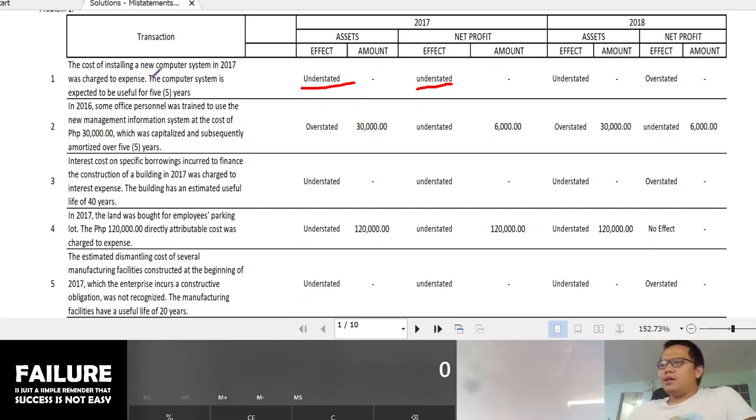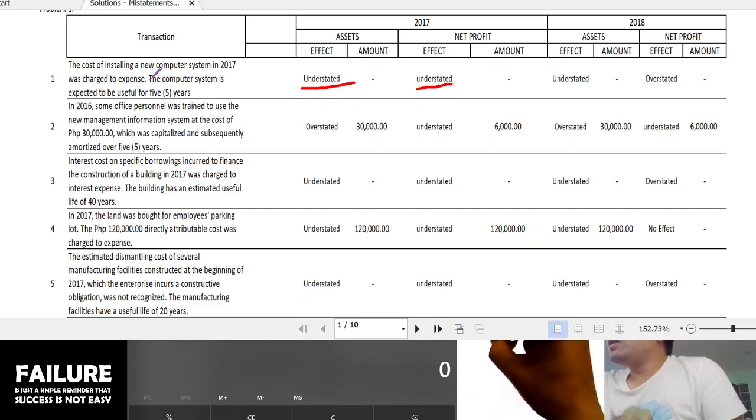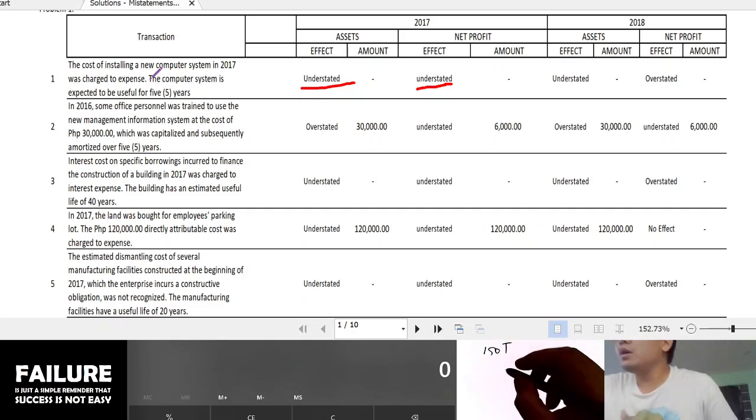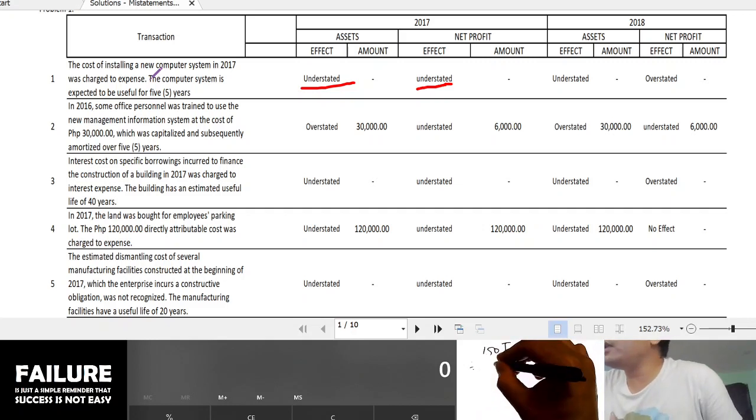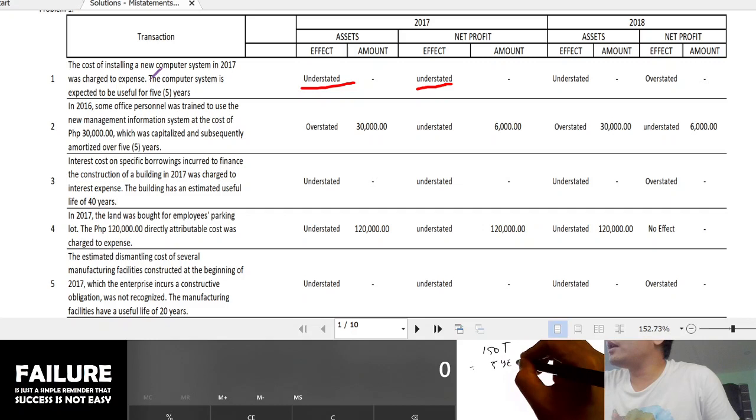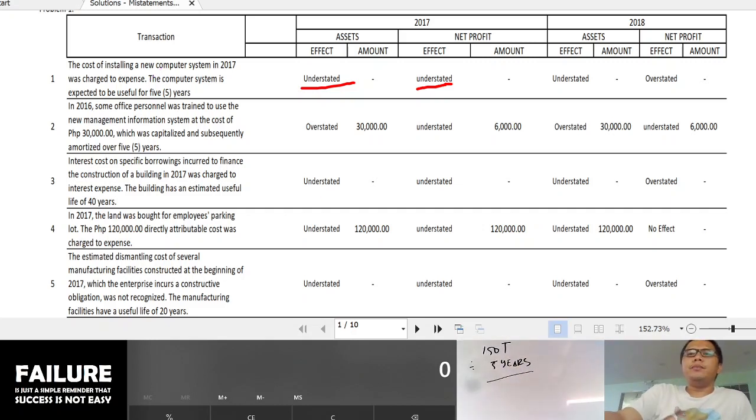Let's say the cost of that asset is 150,000.